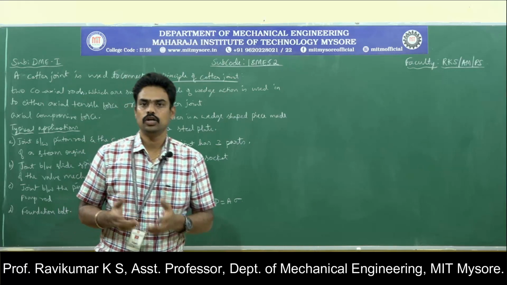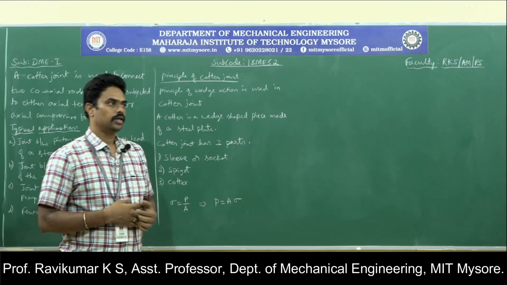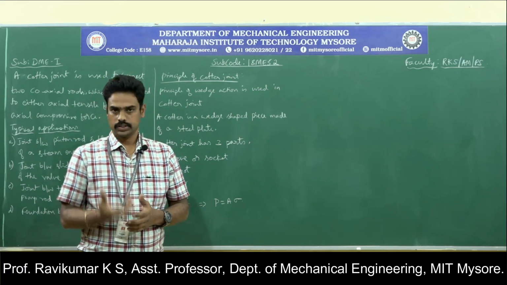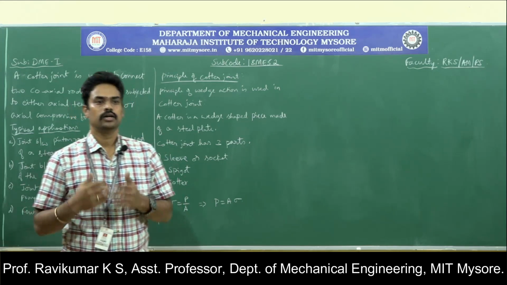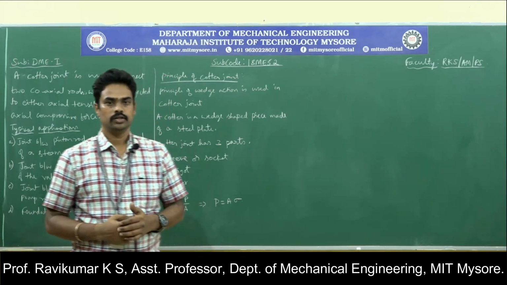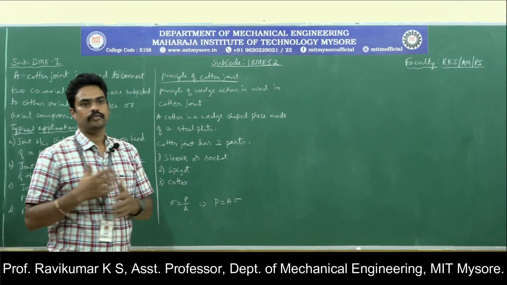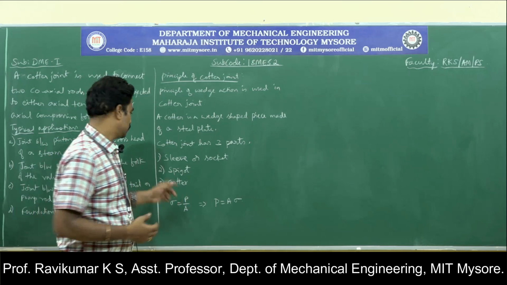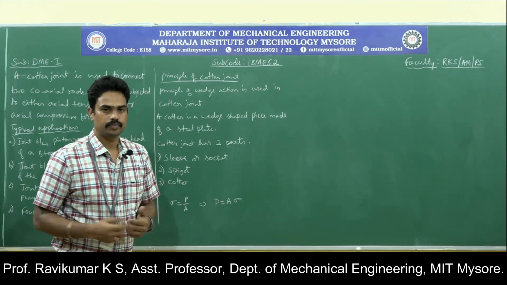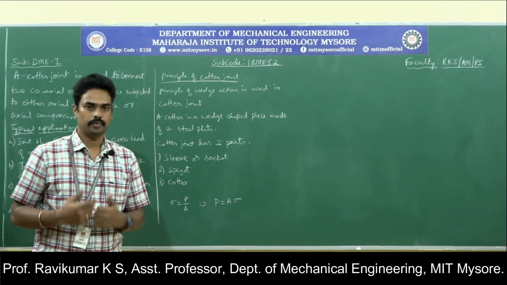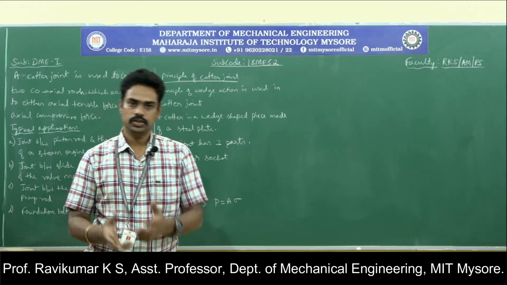While designing the quarter joint, we should know the type of stress developed in the parts of the joint. Each part, the sleeve, the spigot, and the quarter, will undergo some type of stress. You need to know these things.